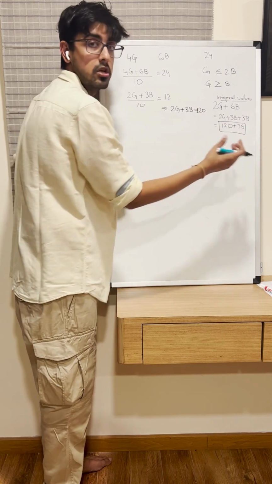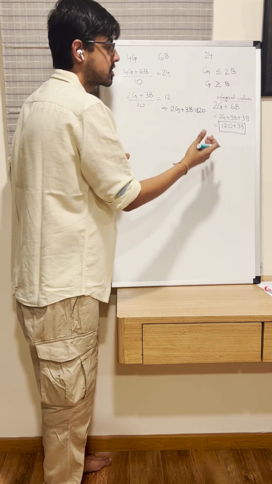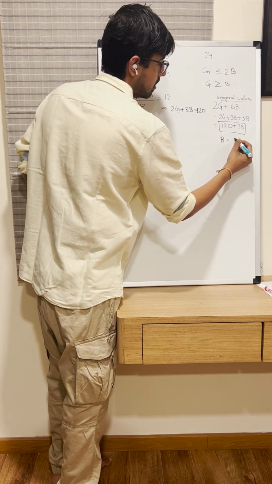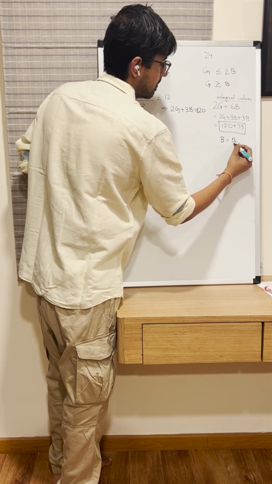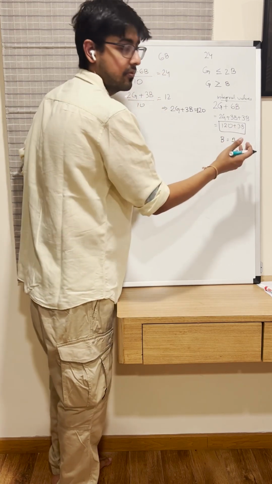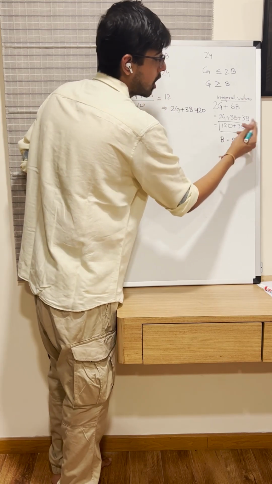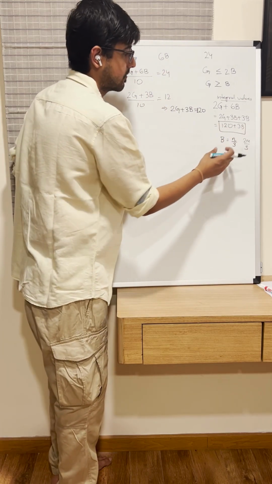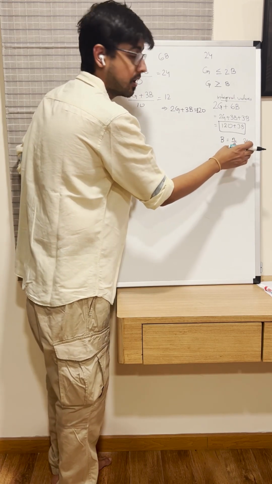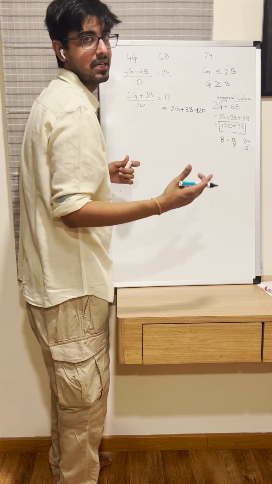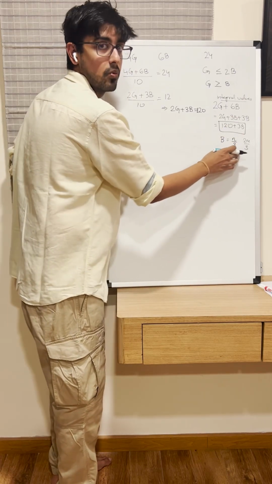So, 3B should be an integer, which brings me to the fact that B can be something like n by 3 in any form. It can be 2n by 3 or it can be an integer itself. Because if B is divided by 3, 3B should be an integer, which means B can be divided by 3.